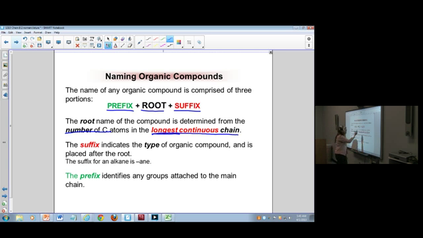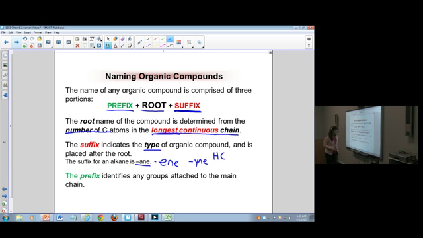And then we end it in the type of chemical it is, the type of organic compound. We've seen how to name the -anes, the double bonded -enes, and the triple bonded -ynes for hydrocarbons. So we could have a triply bonded butyne, or a double bonded hexene.